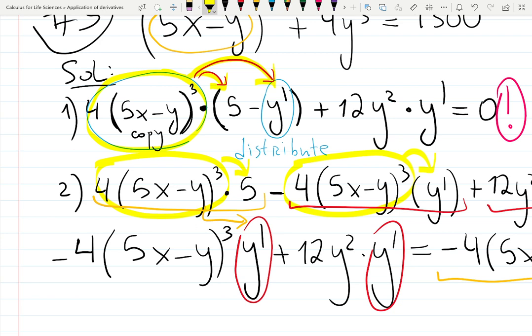But you're not putting in 4y prime times 5x. Good question. You don't do this one in because of this cube. I can see why you're confused. The cube seals the parentheses. You cannot undo the cube.